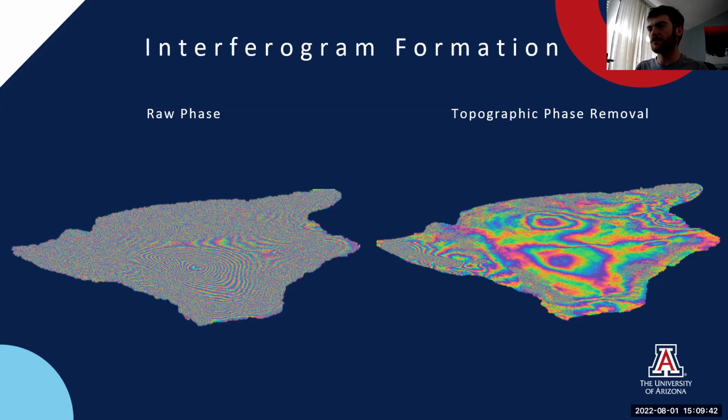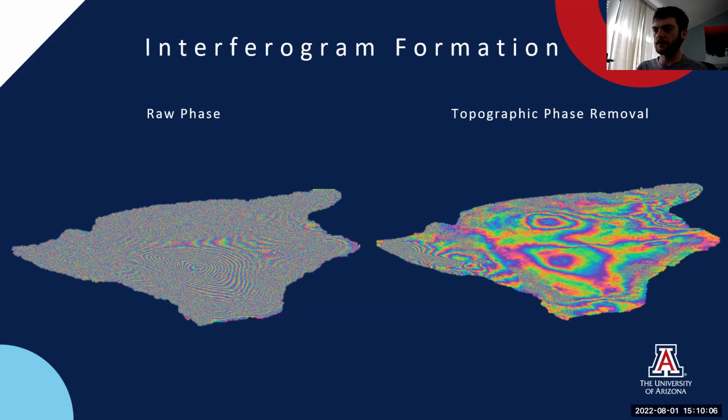We go through a few processes in between, but we eventually remove the topographic phase. It's basically how it sounds: we take out the phase from the topography. All of the phase that's being added up from the volcano, for instance, is removed, and we now have a generally flat surface. But you can see there's a few phase cycles going through.